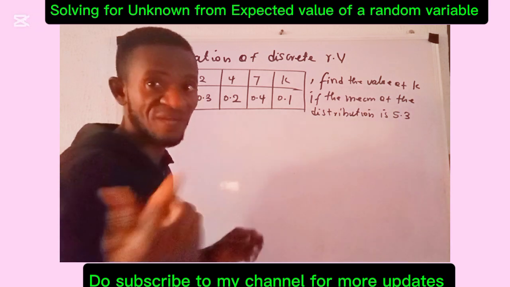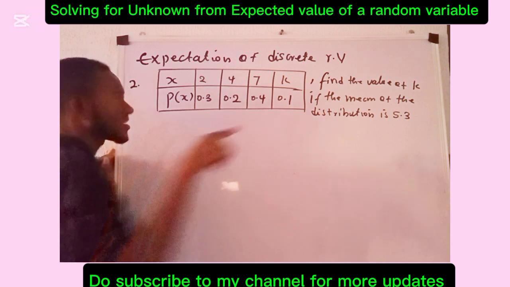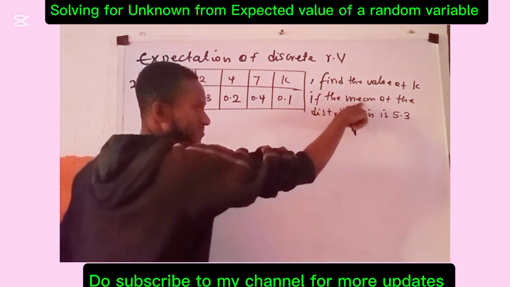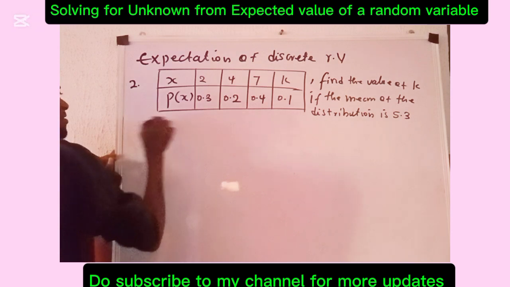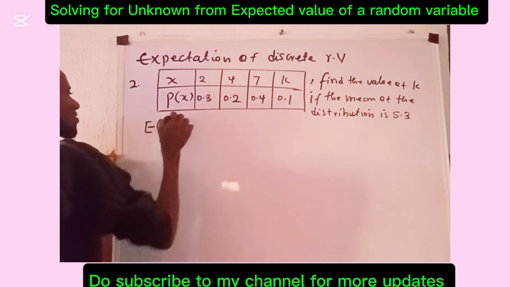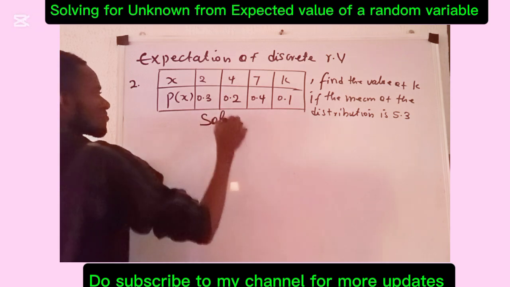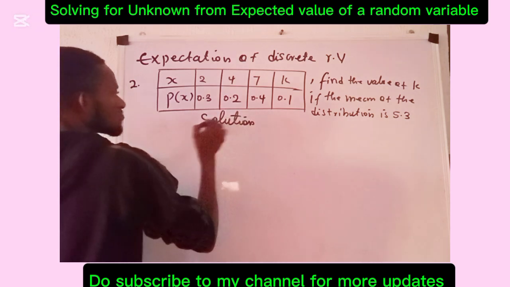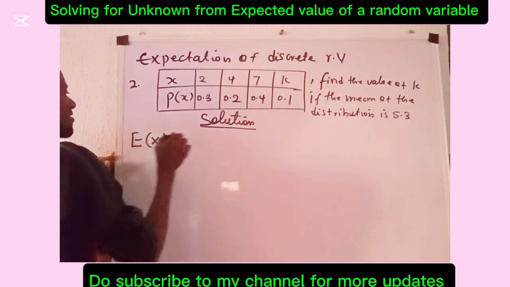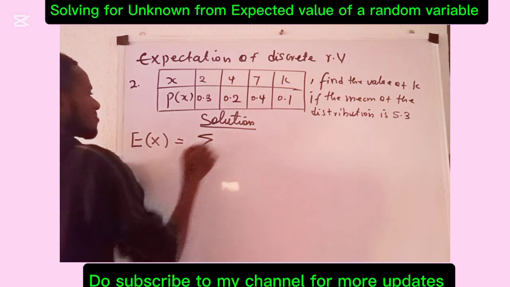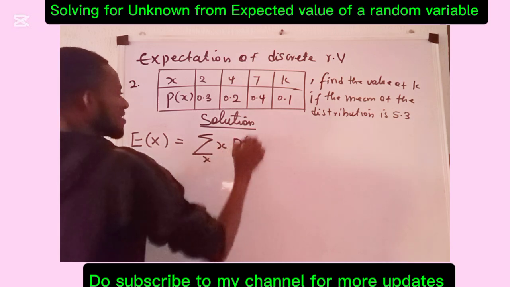And let me remind us of that formula. Expectation of a random variable, which is another name for the mean, is given as E of x. First of all, let me write solution. And I'll write E of x is given as the sum over the range of x of p of x.